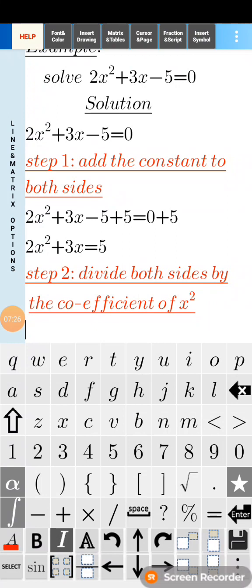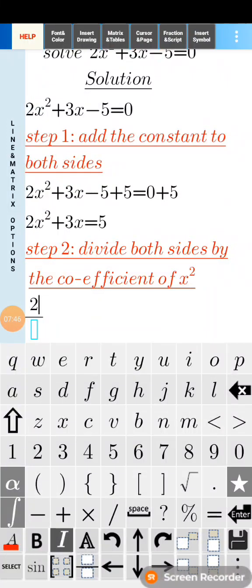Now from the last solution here, the coefficient of x squared is 2. So we are dividing all through by 2. So just watch.